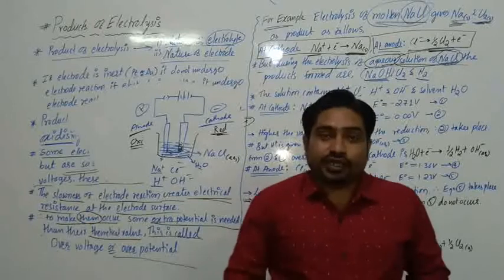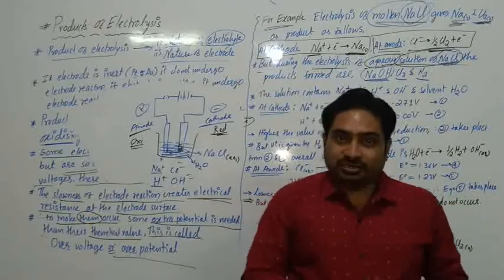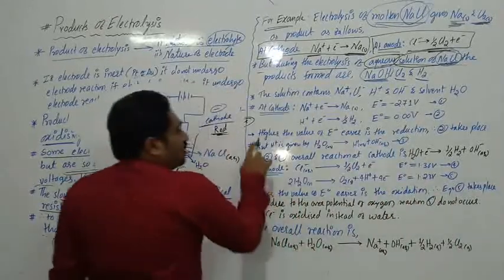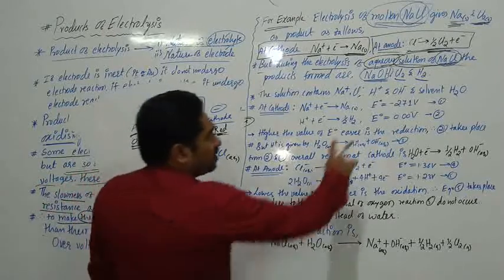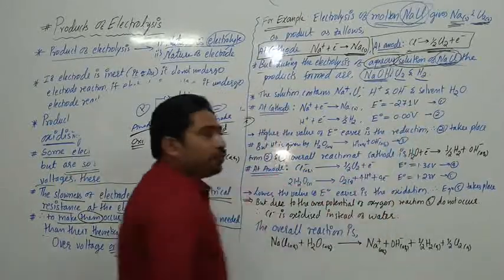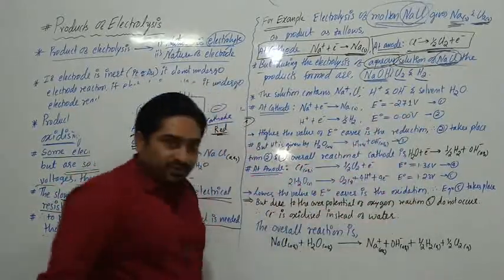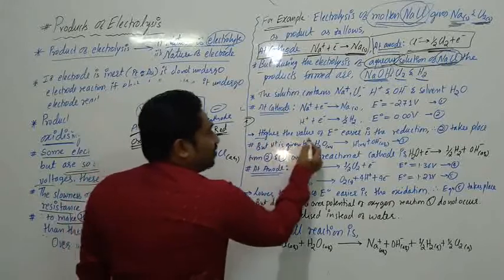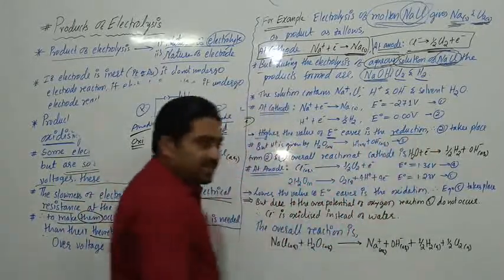Whose electrode potential value is lower can easily undergo oxidation, isn't it? So among them, the value is minus 2.71 volt for sodium and 0.00 volt for hydrogen. Here 0 is greater than minus 2.71, isn't it? Higher the value of electrode potential, easier is the reduction at the cathode.